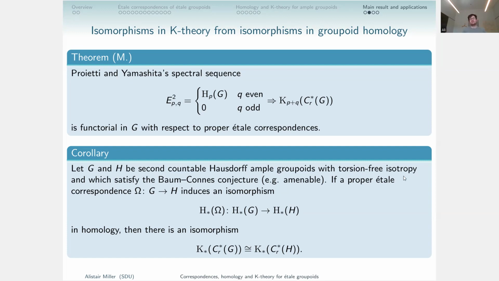Yeah, so the construction of this spectral sequence takes place in this Meyer-Nest framework of homological algebra in triangulated categories. In particular, the triangulated category you use is KK^G. So first you have to lift omega to a map at the level of KK^G.